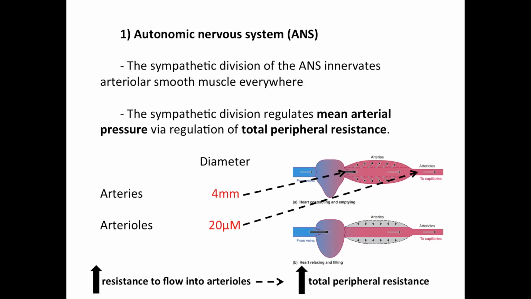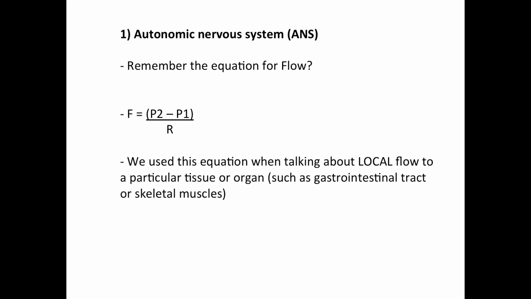So, when I'm talking about total peripheral resistance here, I'm talking about a global change, not a local change. When we talked about intrinsic mechanisms that regulate blood flow, that was regulation of blood flow on the local level to those local tissues. So let's recall that equation.